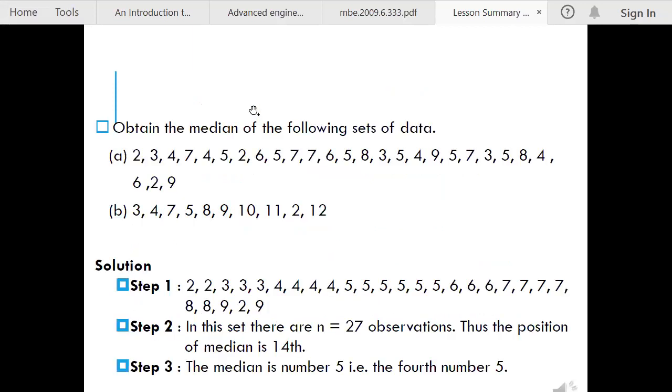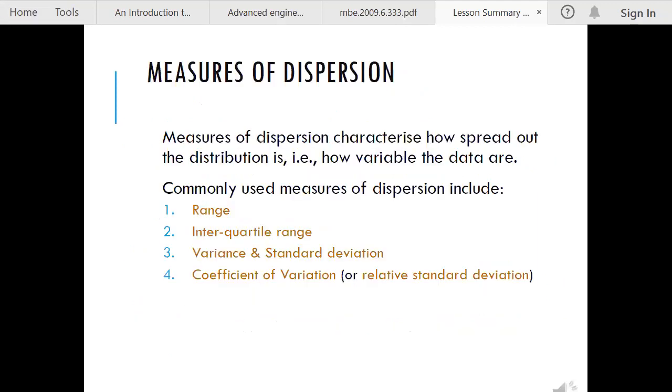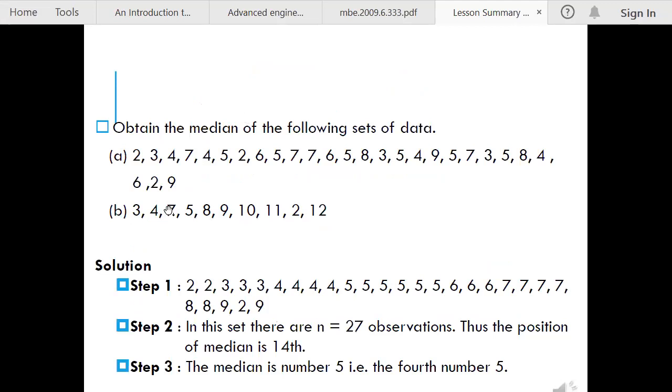So we have the very first data. I think we looked at the second data first, so let's take the second one first, as we did in class. We have 3, 4, 7, 5, 8, 9, 10, 11, 12.